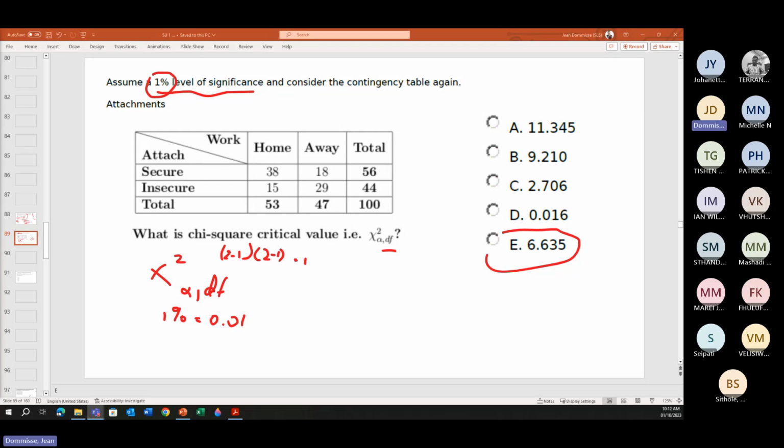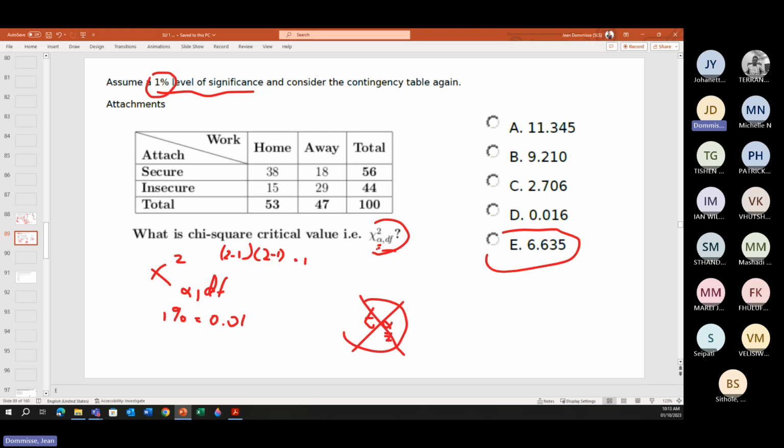Okay, so again, this should be a more easy one to get. One sometimes makes the mistake of looking at how you would have done it with t. So the t would have been alpha divided by 2. But with chi-square, it is only alpha.